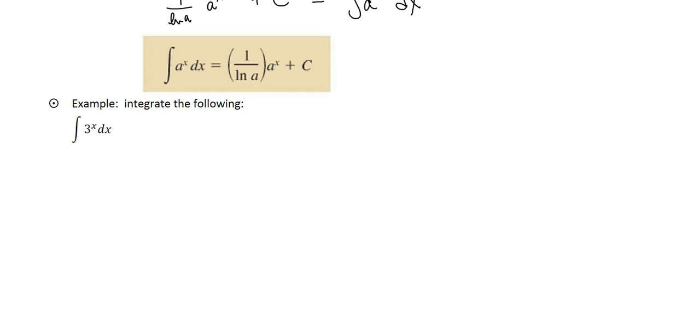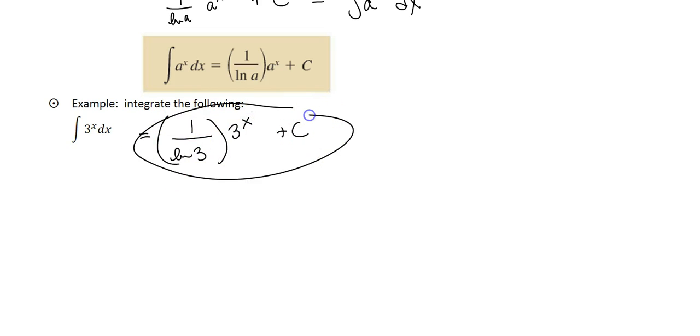In this case, the formula here would tell us that this is 1 over the natural log of 3 times 3 to the x plus c, and there's nothing wrong with that. But if you wanted to not have the formula memorized and just try to work the problem as is, you could write this as the integral of e to the natural log of 3 times x with respect to x.